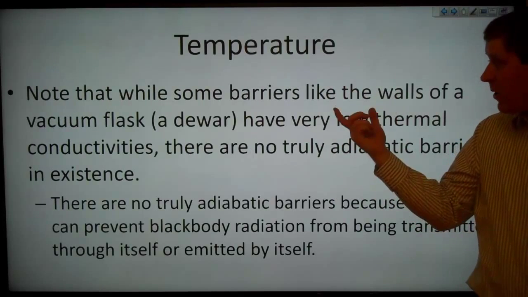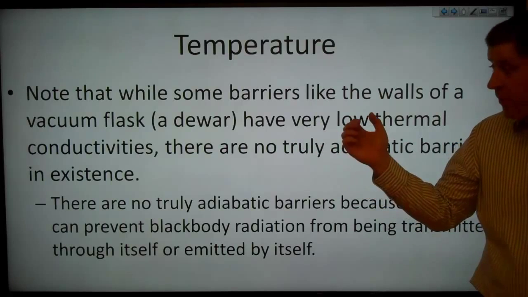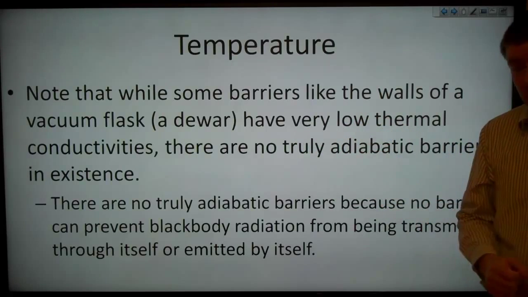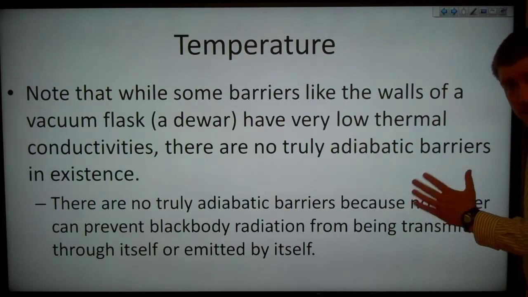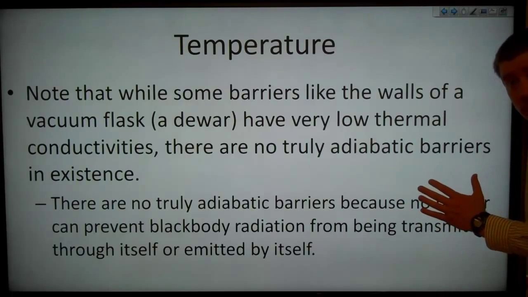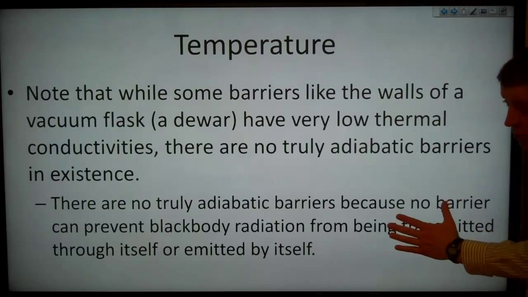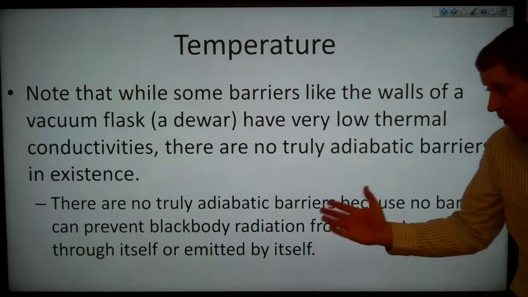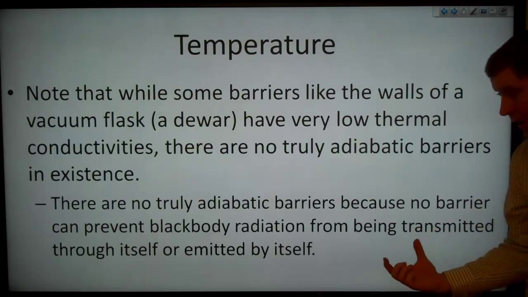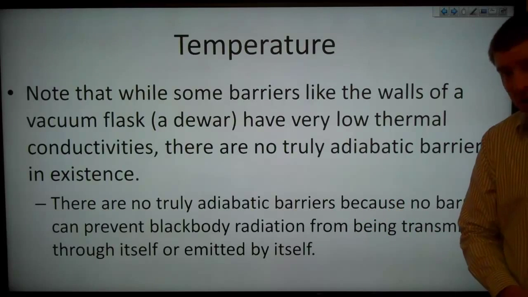And note that while some barriers, like the walls of a vacuum flask, this is a Dewar, have very low thermal conductivities, there are no truly adiabatic barriers in existence. Just like there are no truly ideal gases. So there are no truly adiabatic barriers because no barrier can prevent black body radiation from being transmitted through itself or emitted by itself.